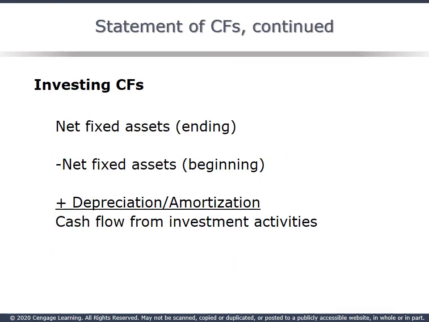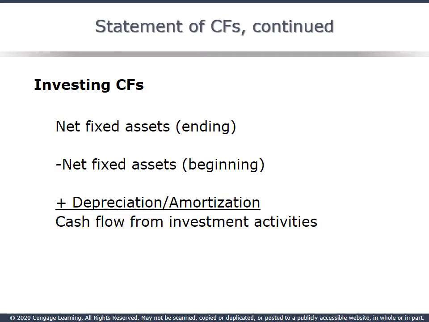We move on. Our investing cash flows are our cash flow from investment activities. Again, we're going to look at two successive balance sheets. So if we're looking at annual figures, we're looking at 2 years in a row. We're going to take our most recent net fixed assets, that's our ending figure.